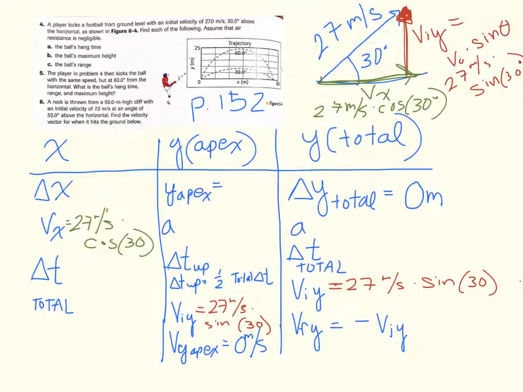Okay. And then that tells me that my final velocity in the y direction would just be negative 27 times sine of 30. All right, I can also write down some other generic given information, like my acceleration, negative 9.8 meters per second squared.